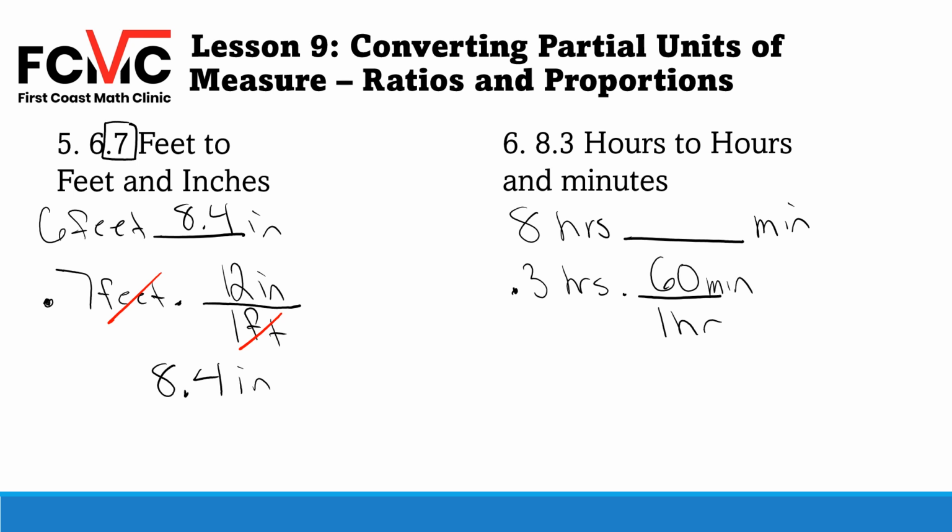So the hours and the hours cancel out. Put that over 1 if we want to multiply straight across. So now we can multiply straight across, and we're going to get 18 minutes. So 8 hours, 18 minutes when we do our conversion.